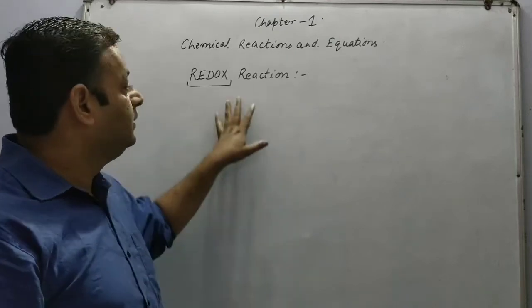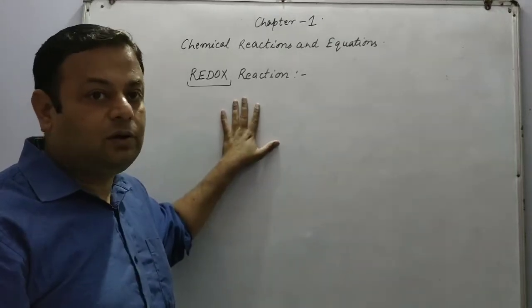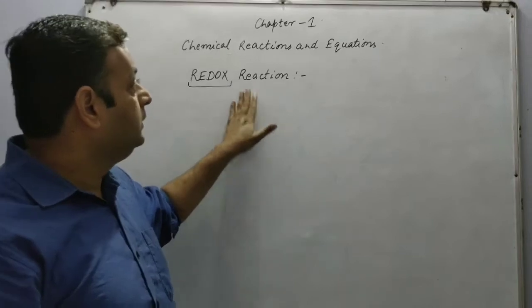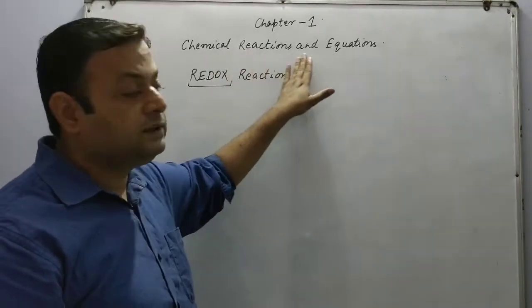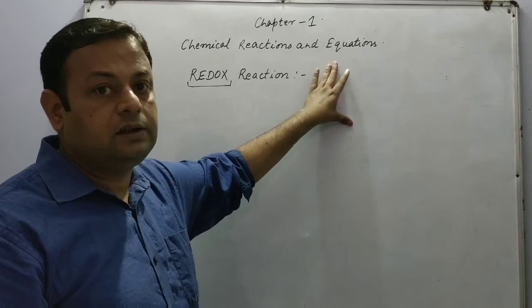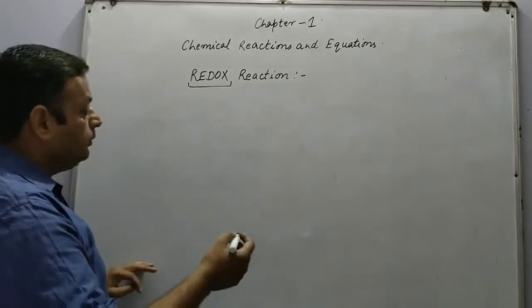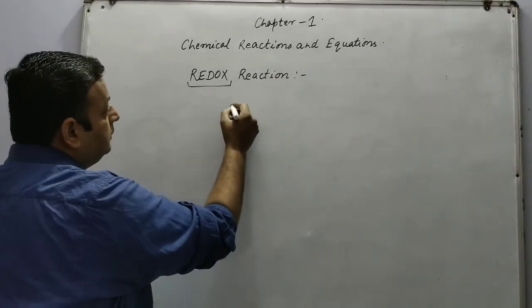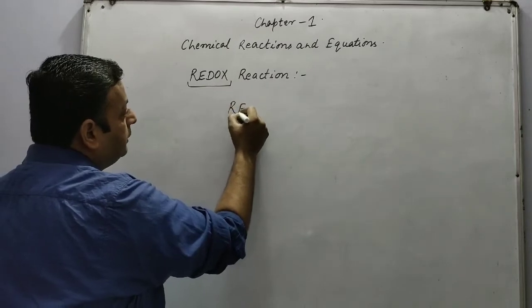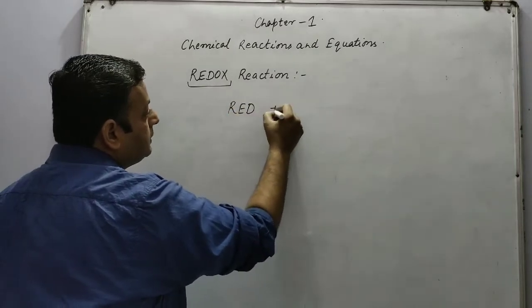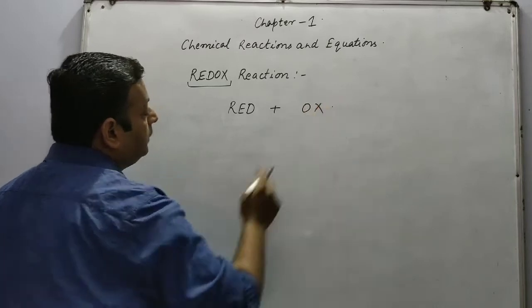Dear students, today we are going to discuss the redox reaction from the chapter Chemical Reactions and Equations, class 10th chemistry. Now what do you understand by the term redox? Redox is made up of two words, red plus ox.